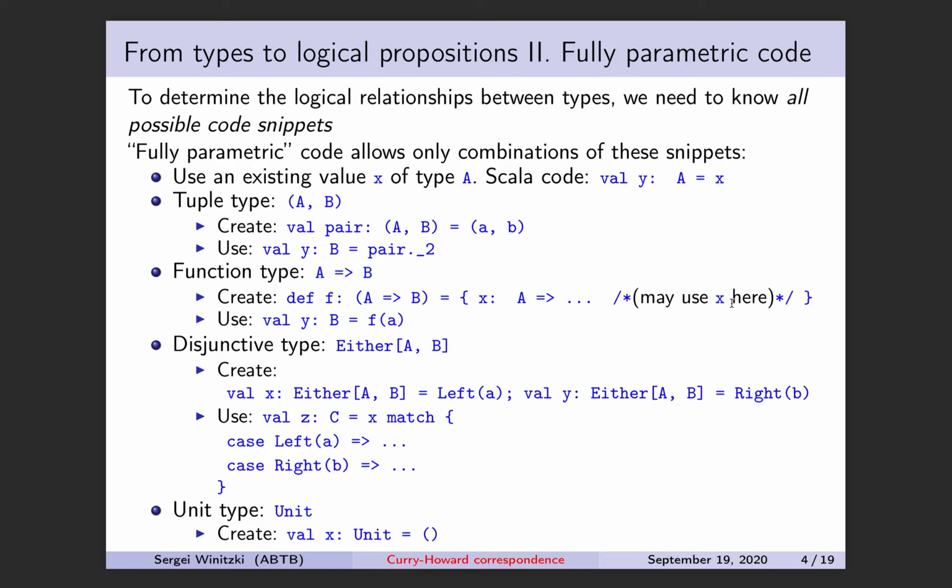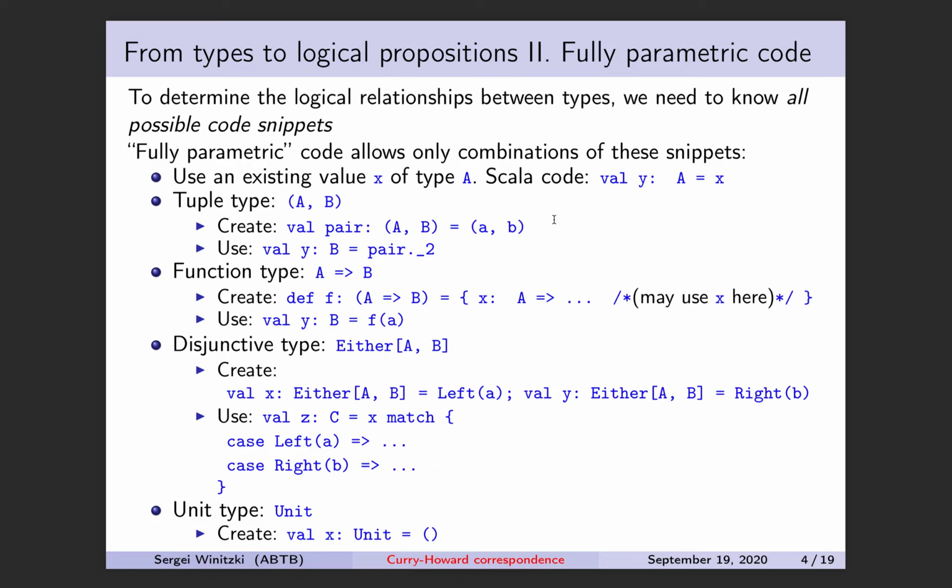If we do not restrict it, we won't be able to write down all possible code snippets. The Curry-Howard correspondence requires us to restrict the code in a very specific way, which I call fully parametric. Fully parametric code means that you are not allowed to use any specific values or specific types like integer and string.